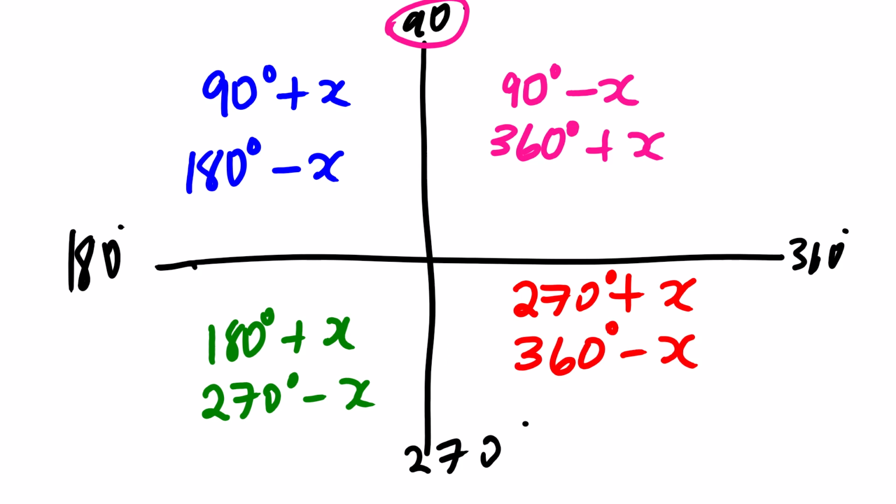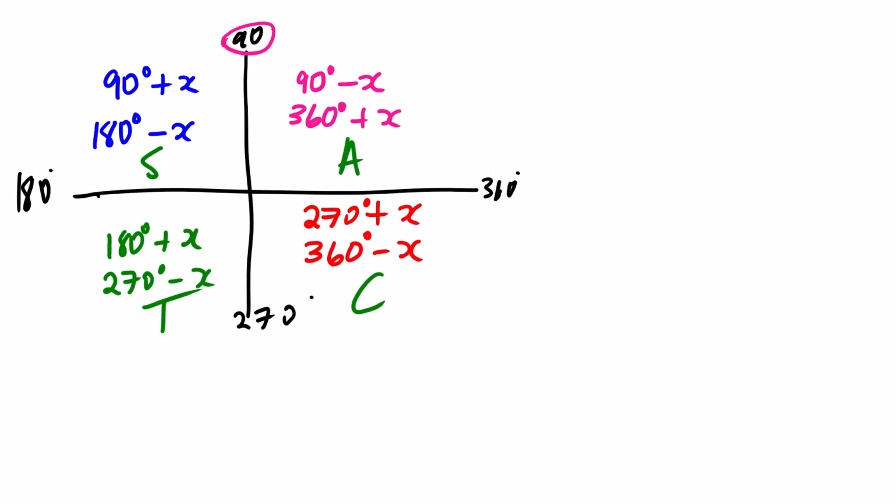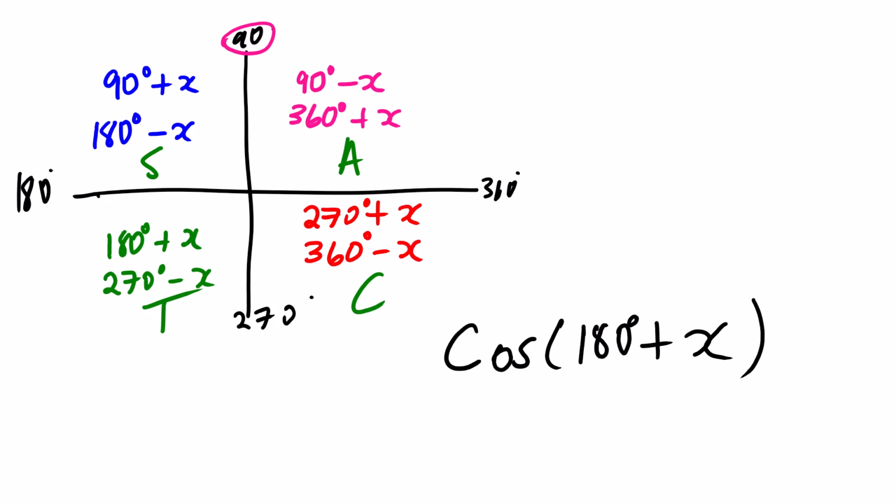Now, combining this basic knowledge with our cast, we know that it will assist us to determine the expressions. For example, suppose you are looking for cos 90 plus x. Actually, for now, let us look at cos 180 plus x.